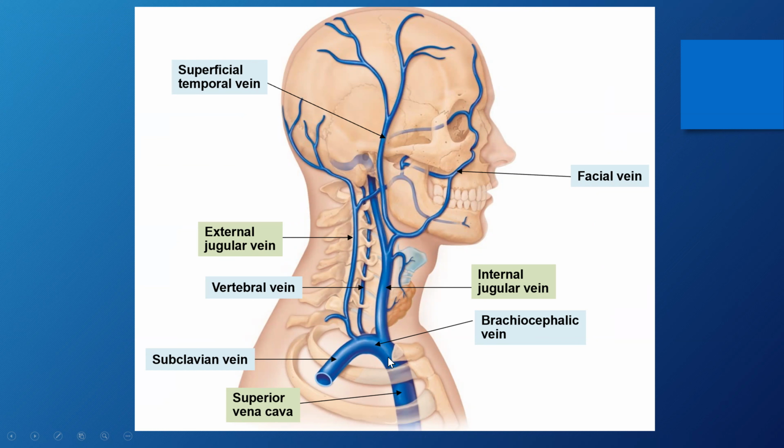I would say subclavian and internal jugular become brachiocephalic, and then brachiocephalic brings blood to superior vena cava, but we also have internal jugular and vertebral vein. So blood comes back from the head region, brain, and neck, back to the heart.